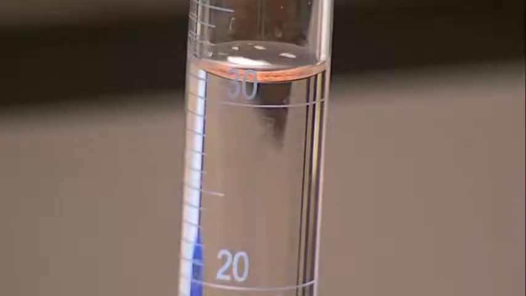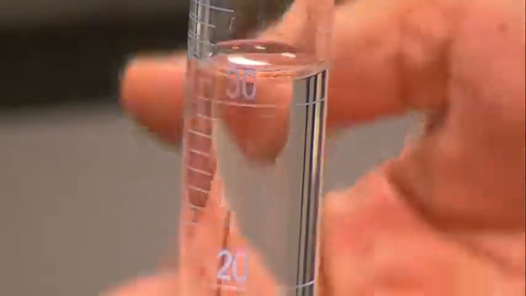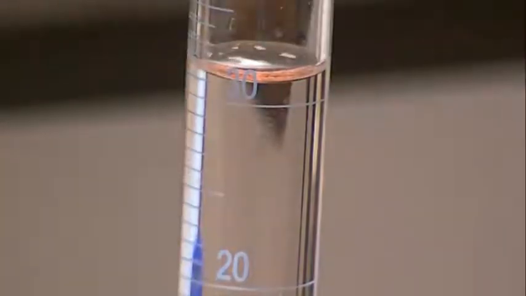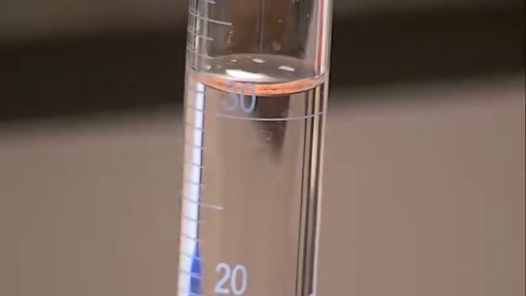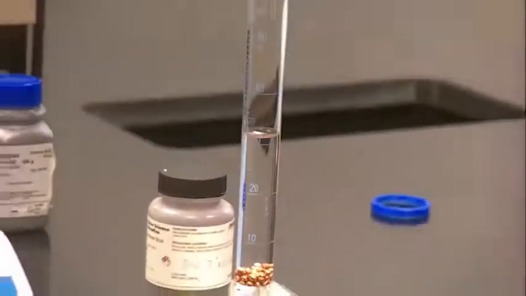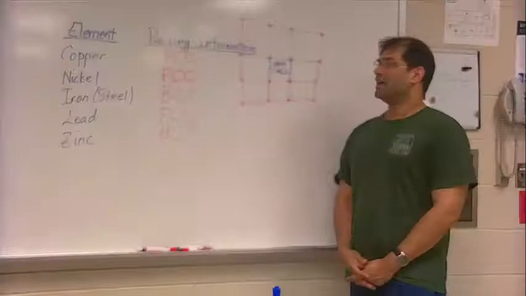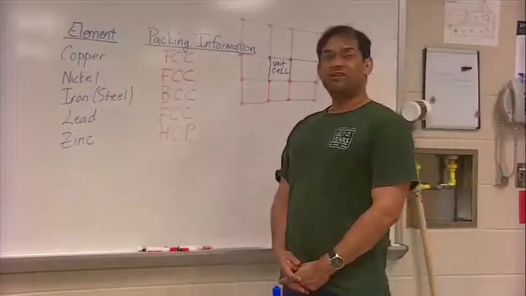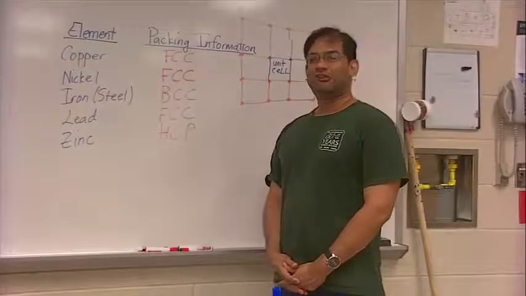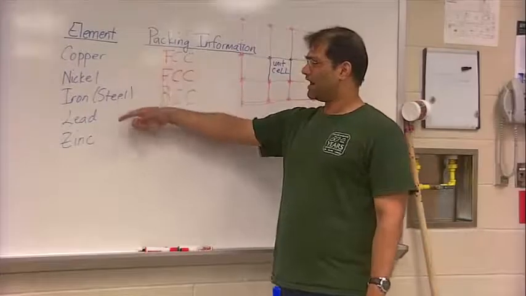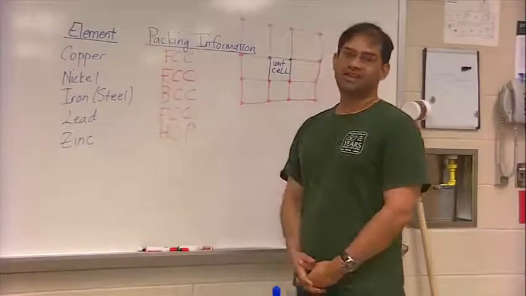Okay, so the only thing that we ask of you is you want to add it slowly when you displace the water. You don't want splashing, and you also don't want, especially for some of these more dense metals, such as steel, you don't want to run the risk of the glass cracking. So in this lab, you will use volume displacement to determine the density of copper, nickel, iron, lead, and zinc.